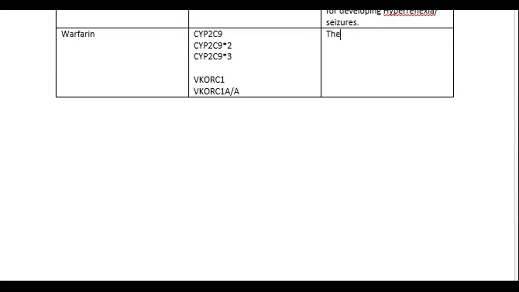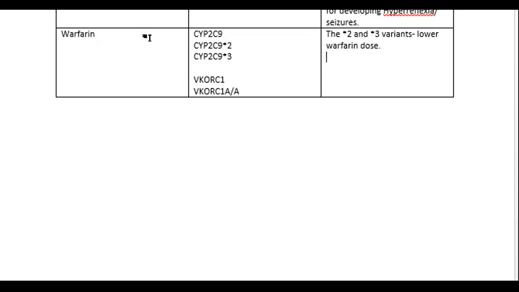In this, the star 2 and star 3 variants have a lower warfarin dose.